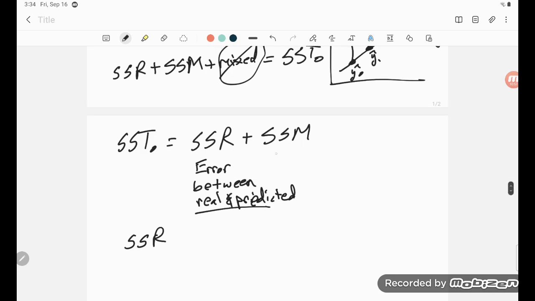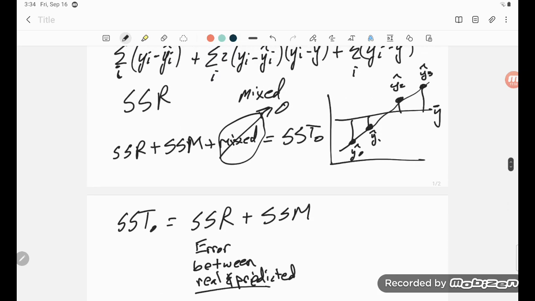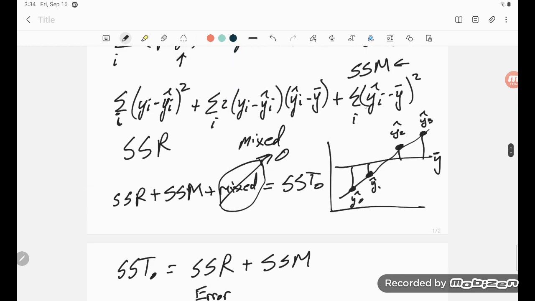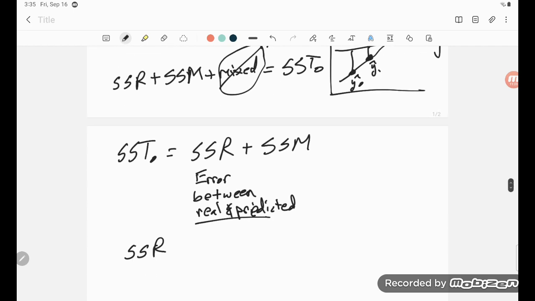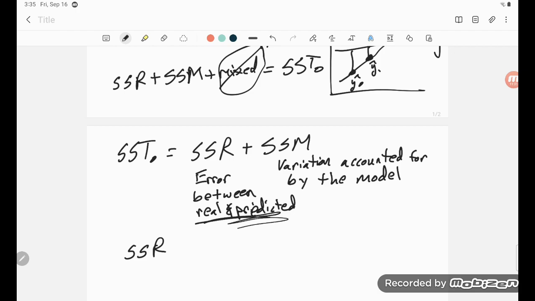And then this over here, the SS model, again, it's just a portion of the sum of squares total, but it's the variation accounted for by the model. And then the error is the rest of the variation.